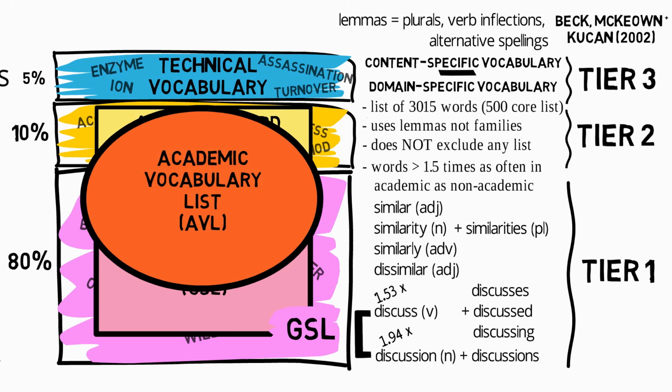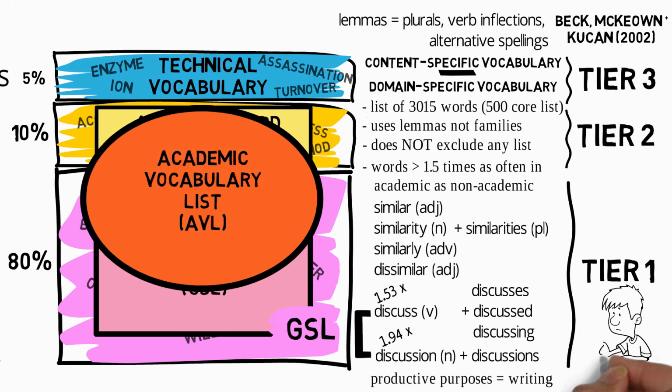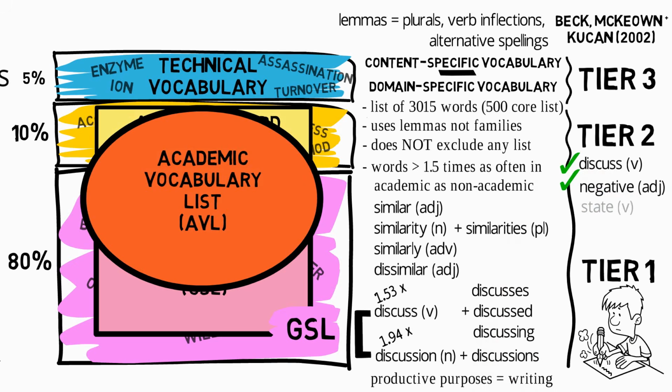Because it's a lemma-based list, not a word family list, it's actually intended for productive purposes, in other words academic writing, not receptive purposes, in other words reading. And the fact that it does not exclude any list perhaps makes it easier for students to recognize general words that they already know, which are acceptable for, in fact which are more common in academic English.